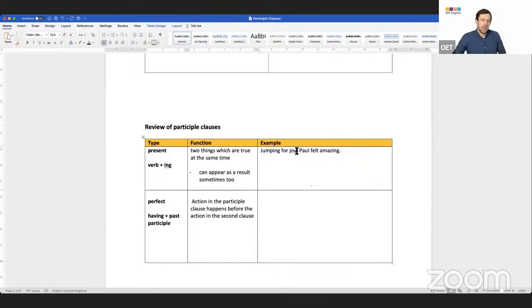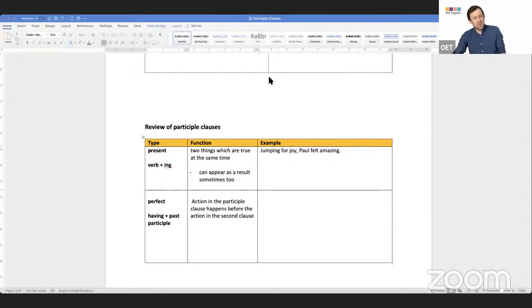Now, jumping for joy, when did that happen? That's the difficult thing to think about, isn't it? Because what you are always thinking about with all verbs is when. You always have to think of the tense. You always have to think of whether it's active or passive. You always have to think of the subject-verb agreement.